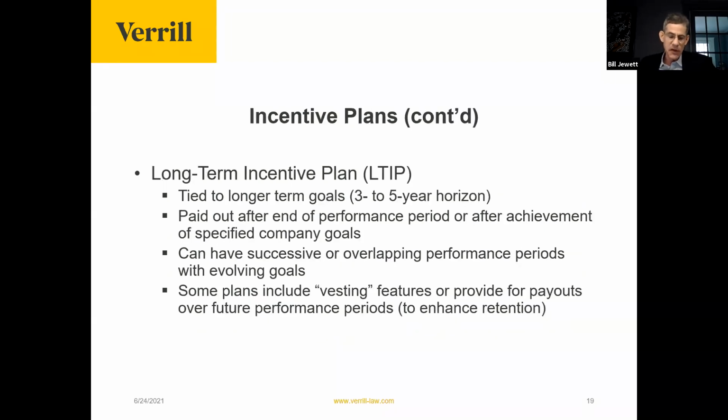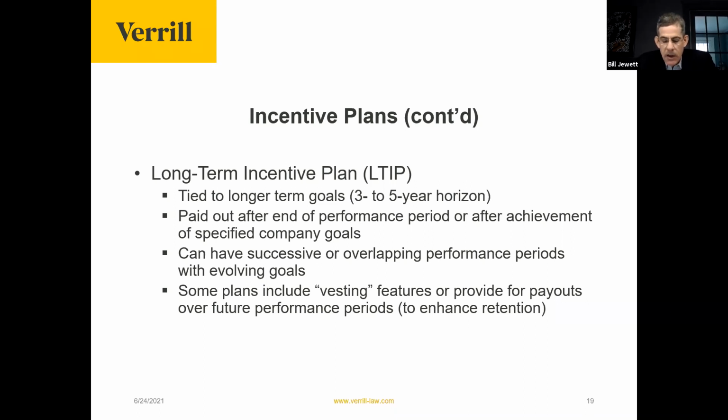So long-term incentive plans are a little bit different. They are tied to longer-term goals, typically a 3 to 5 year horizon. They're paid out after the end of the performance period or after achievement of specified company goals, such as, our company's vaccine receives FDA approval, you will get your long-term incentive plan bonus at that point.